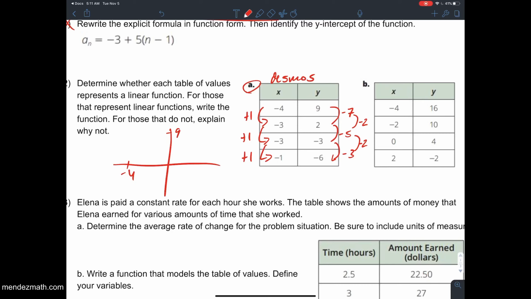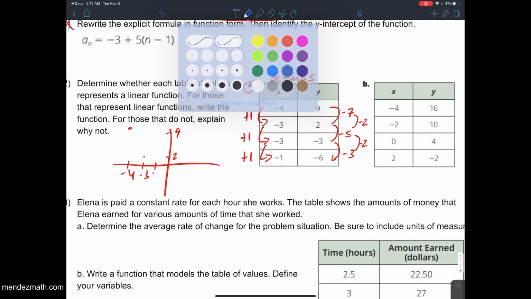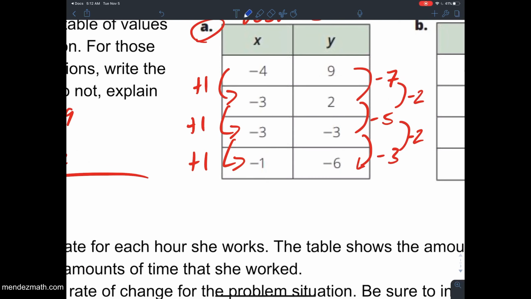If I make this up, -4, say that's 9. -3, that would be 2. Oh, here it is. Sorry I didn't see it sooner. Look, -4. Look at this. -3 and -3.